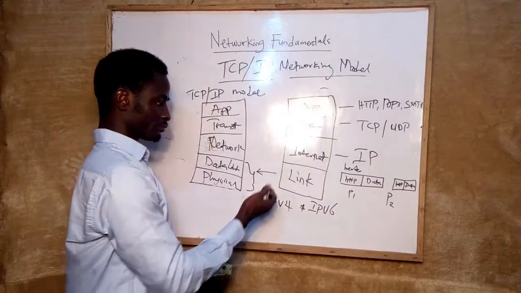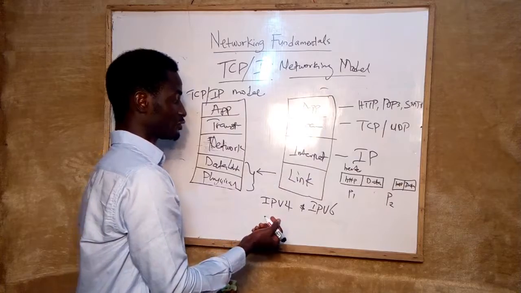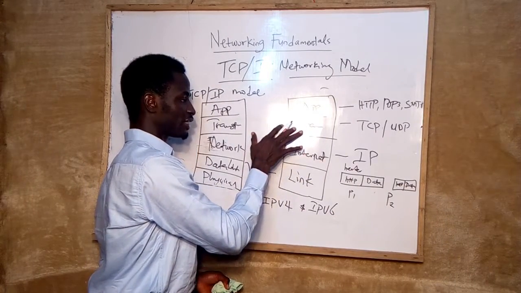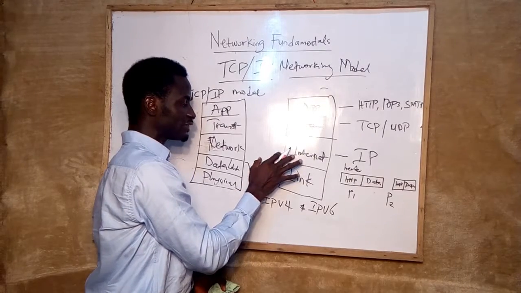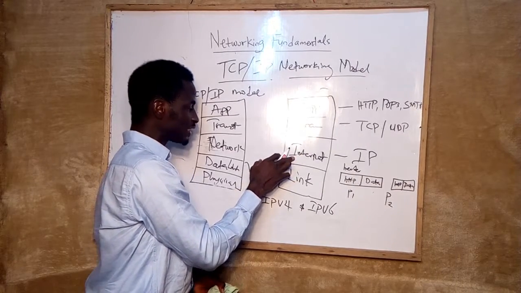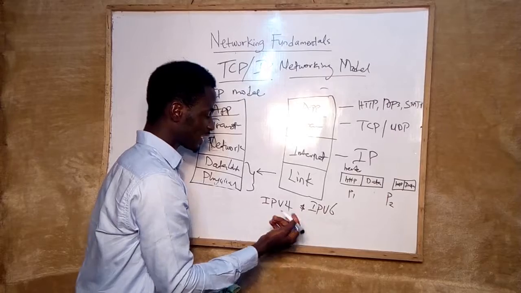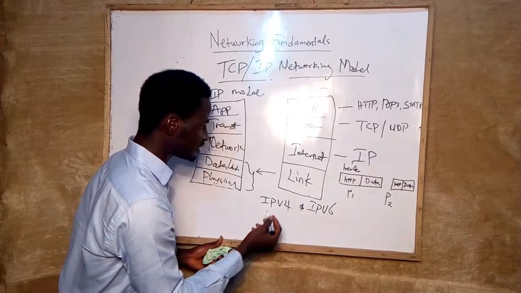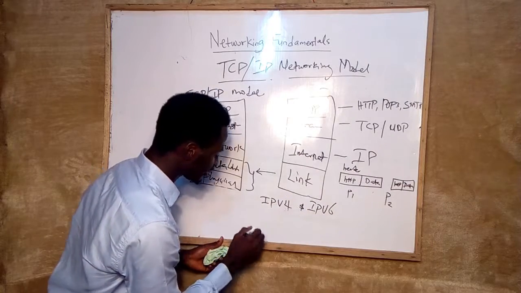However, for adjacent layer interaction, the data sent by the transport layer is received in the internet layer by what? Encapsulation. So now the internet layer receives the data from the transport layer.